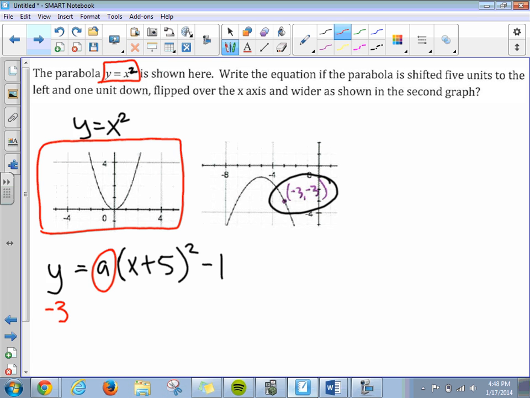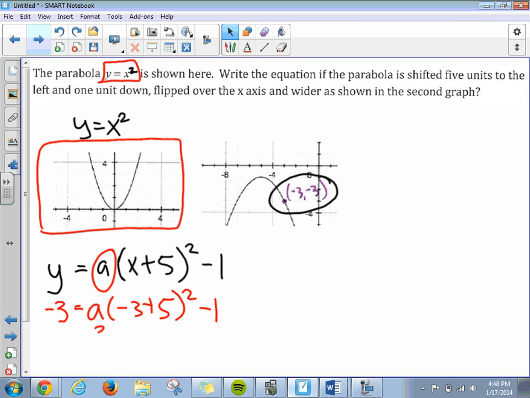So we know that y is equal to -3 equals a times (-3 plus 5) squared minus 1. So we'll get 2 squared. Oh, sorry, that was really bad. So we're going to have 4a, that's our 2 squared times a, minus 1.